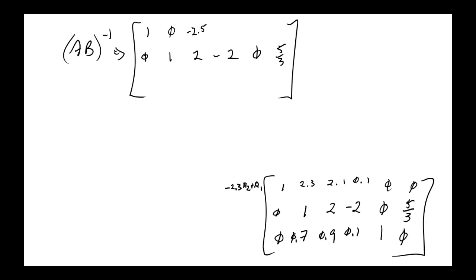Yay or nay? Okay. Yay! Okay. Negative 2.3 times negative 2 would be positive 4.6 plus 0.1, that would be 4.7. Right? Is that right? And I think I can do this one. Negative 2.3 times 0 is 0 plus 0 is 0.